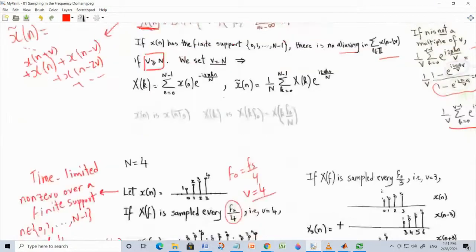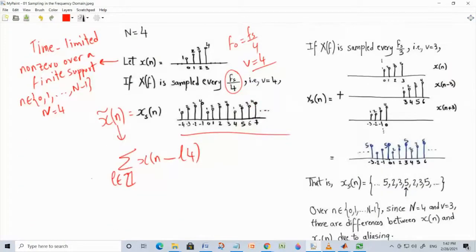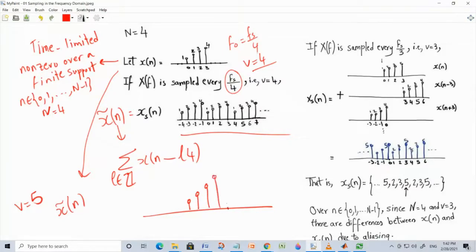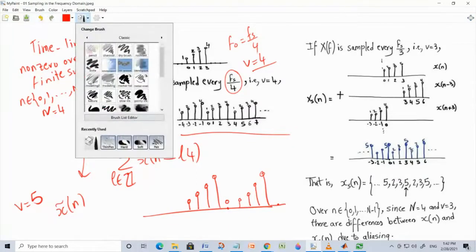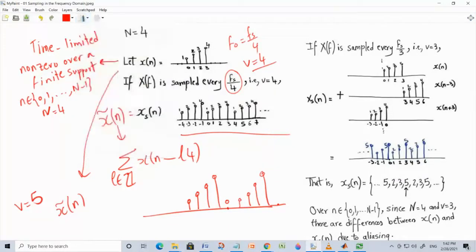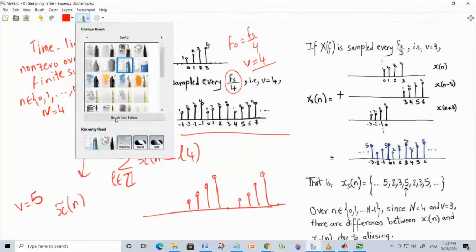Just to make sure that we understand what we are doing, suppose that you take this example and you choose v to be equal to 5 rather than 4. What will happen? What is x tilde of n? It will be x of n, then 0, then x of n again, then 0, and so on.